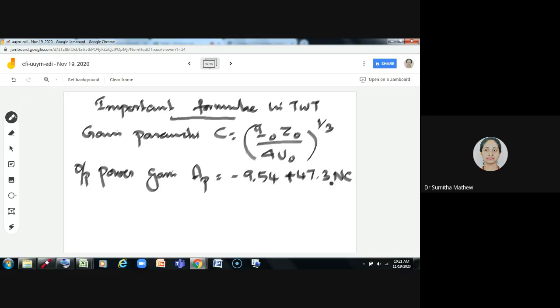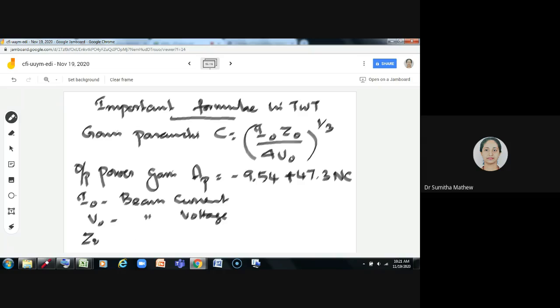We will write what is meant by each term. C is this gain parameter. N is the circuit length. I naught is the beam current. V naught is the beam voltage.